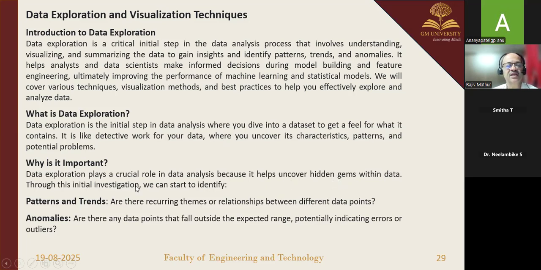Through this initial investigation, we can start to identify patterns and trends. Are there recurring themes or relationships between different data points? Anomalies: are there any data points that fall outside the expected range, potentially indicating errors or outliers?